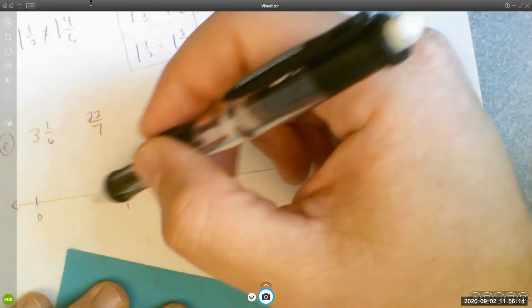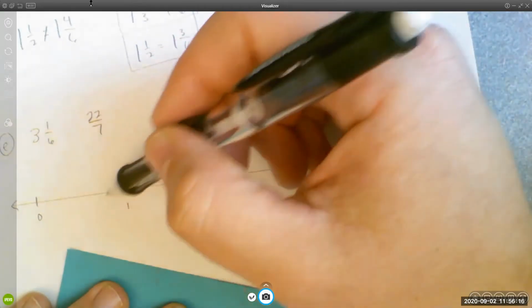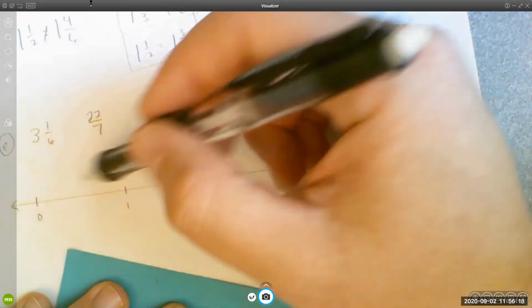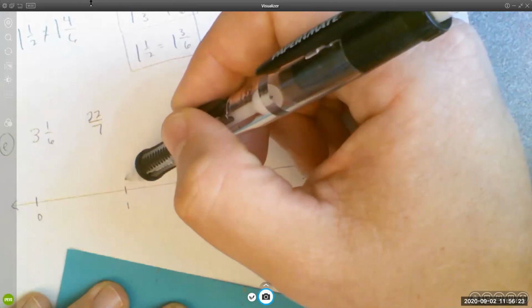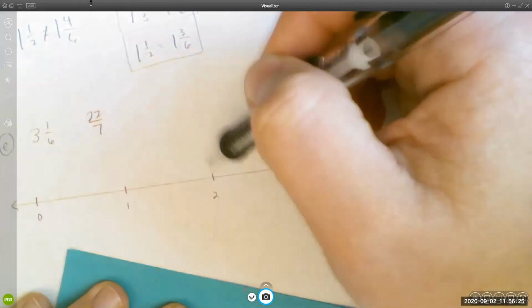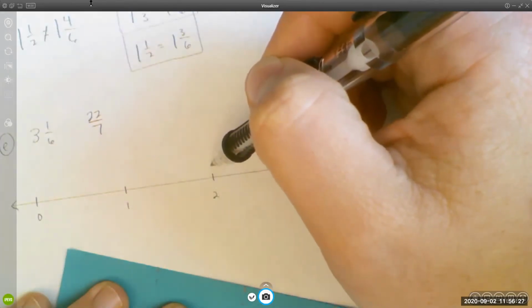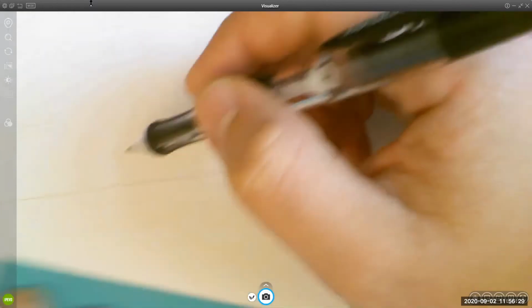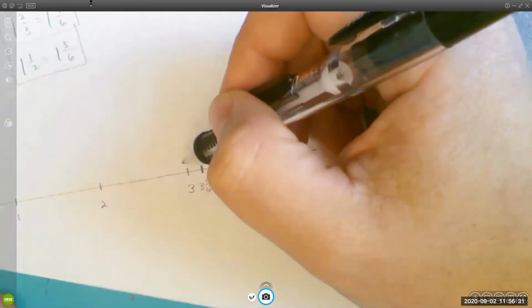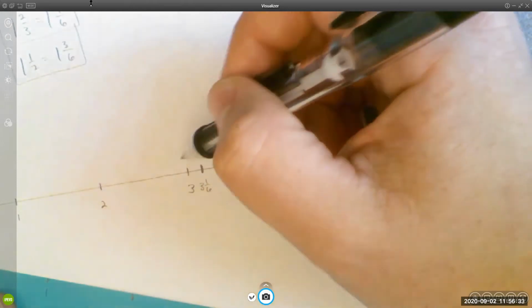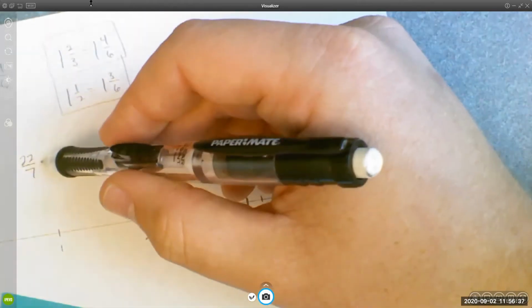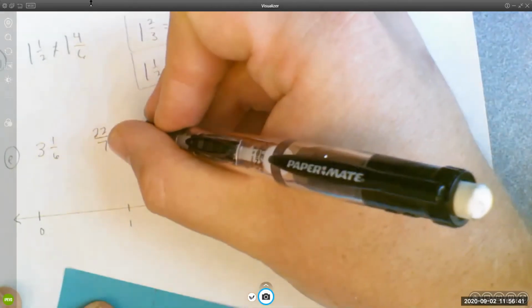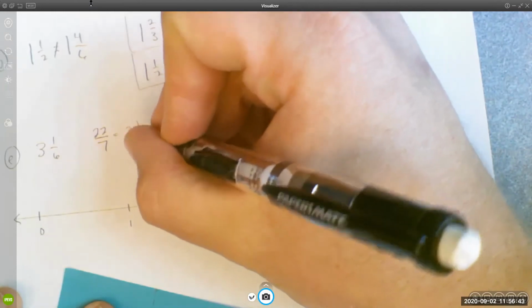If I split this space between 0 and 1 into 7 parts, then I'm going to have 7/7 by the time I get to 1. And then I'll have 7 more by the time I get to 2, so that'll be 14/7, right? 7 plus 7 is 14. And then by the time I get to 3, I'll have 7 more, so 14 plus 7 is 21. So I'll have 21/7 by the time I get to 3, and I want to mark 22/7. So that's just 1 more. So really I could say, well, this is the same thing as 3 1/7.